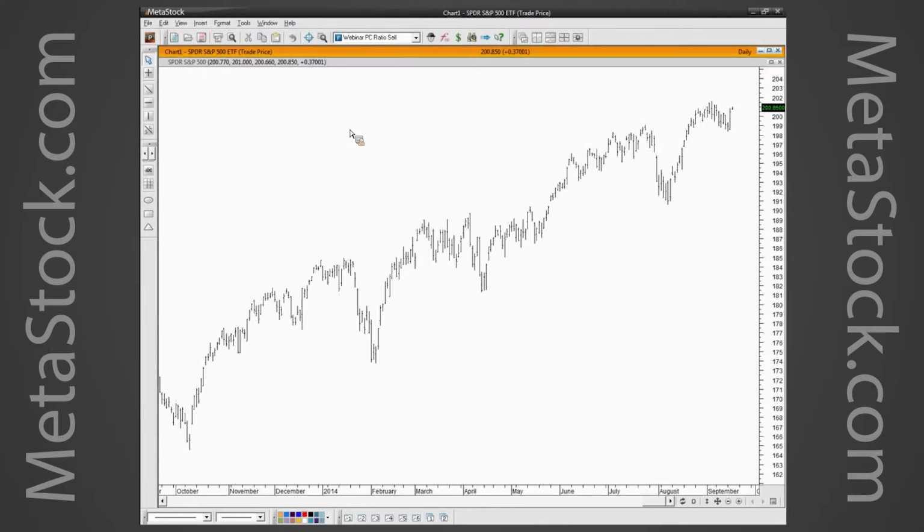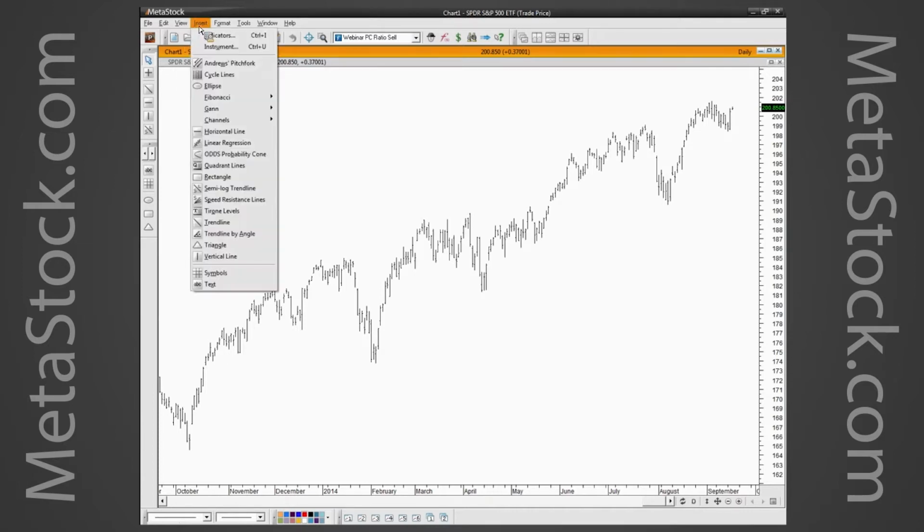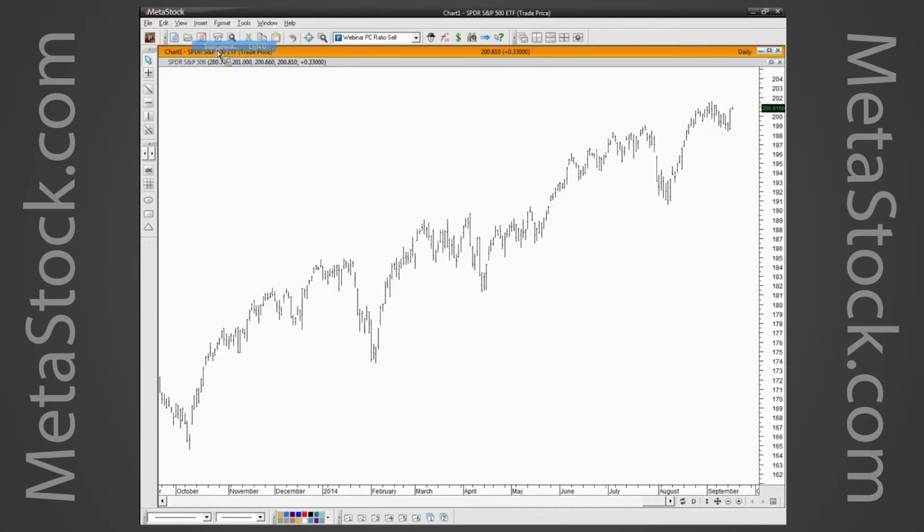Now the indicator that I want to take a look at for developing a system is the equity put call ratio. And to plot that on the chart, I'm going to come up here to the insert menu. I'm going to say insert instrument.